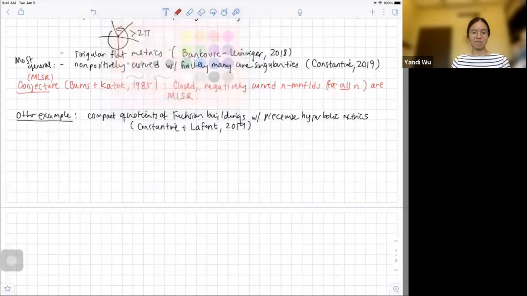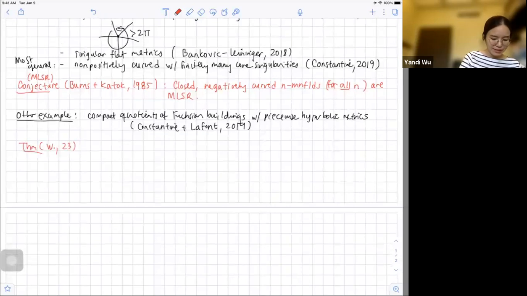Great. So that's a lead-in to my main theorem. There's another example of a non-manifold result for Marked length spectrum rigidity. In my case, the two spaces are actually going to be the same.